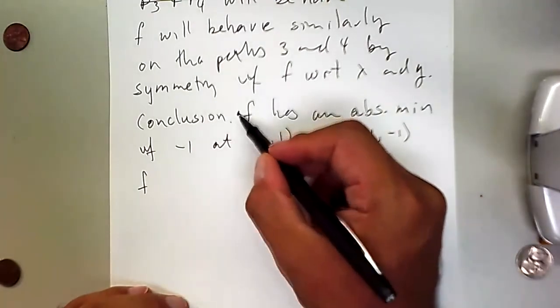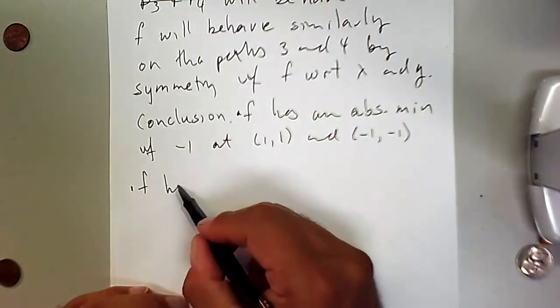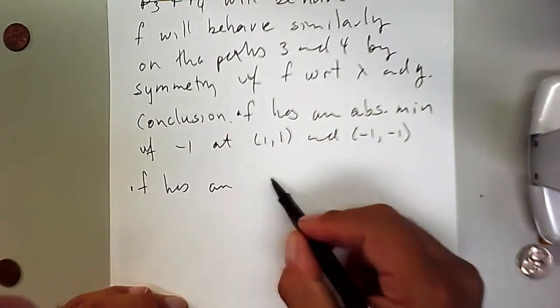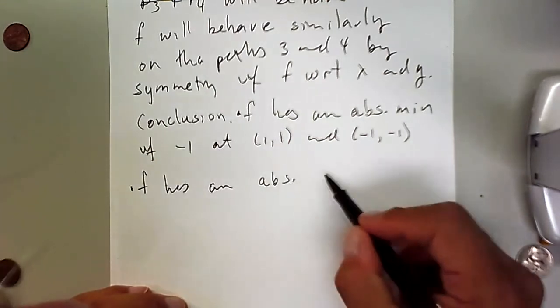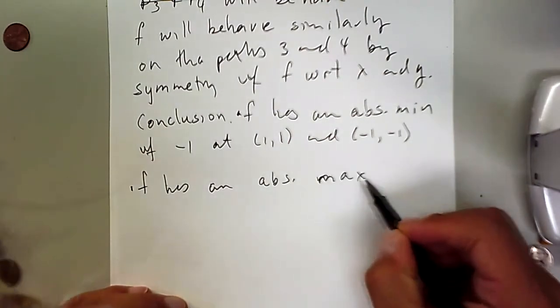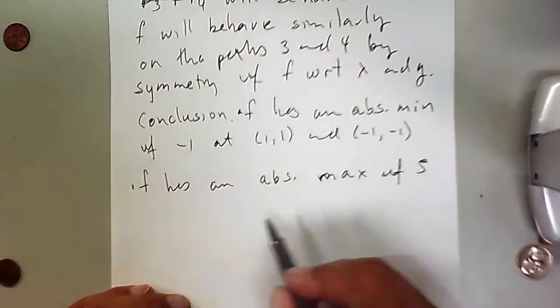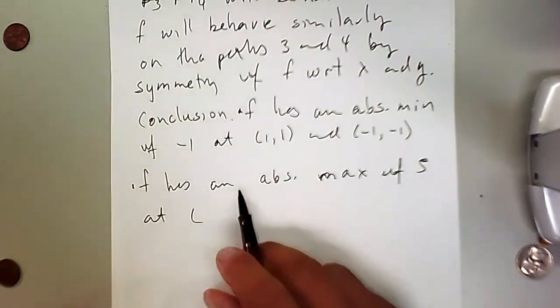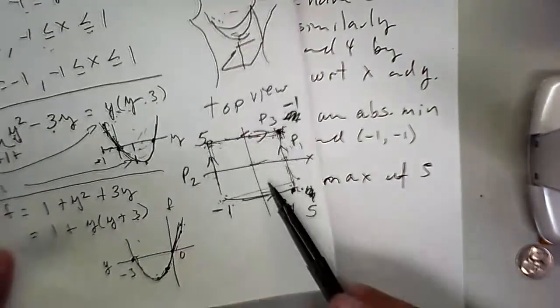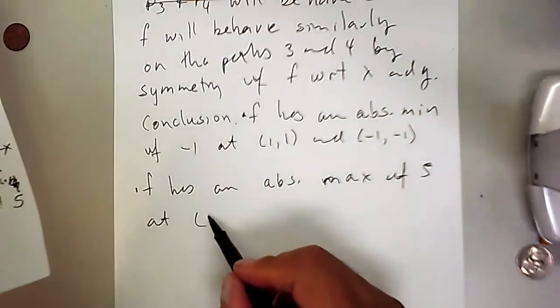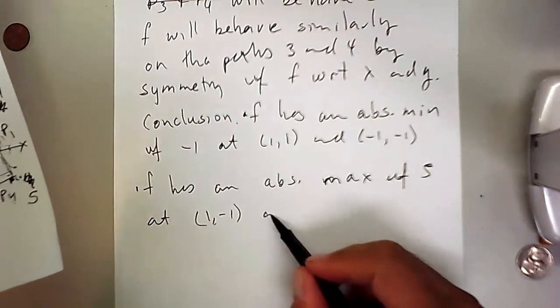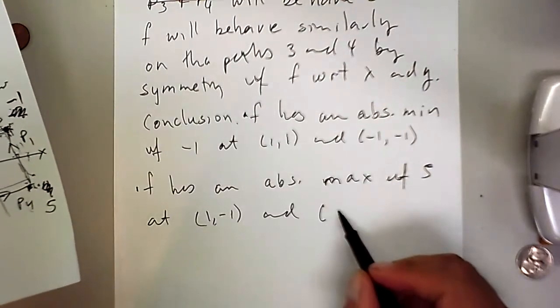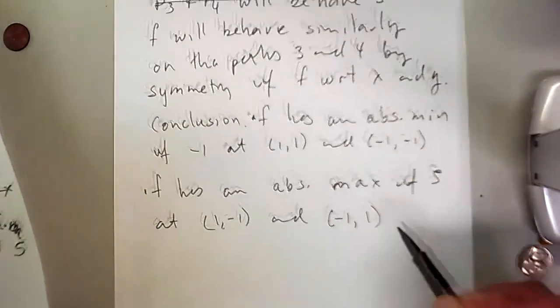We can put that as a second bullet. F has an absolute maximum of 5 at, well, the other two corners. 5 will happen at 1, negative 1, and negative 1, 1.